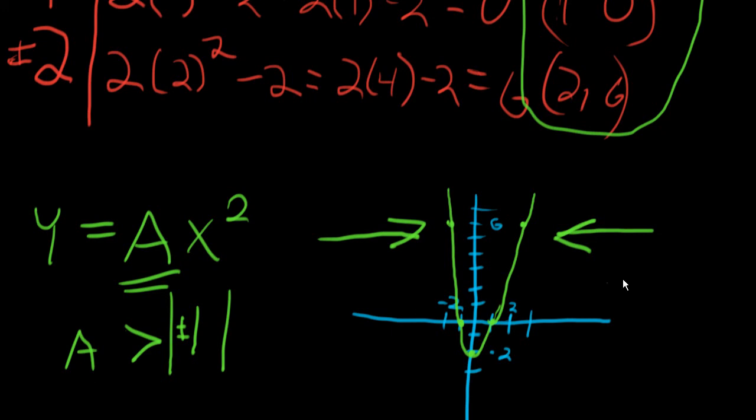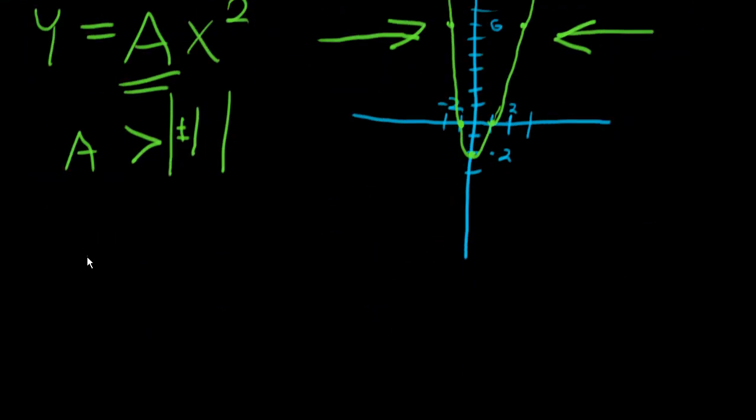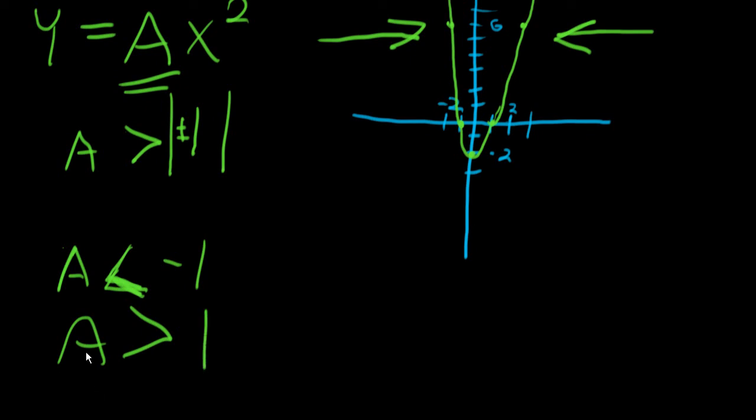Because I don't know if that's a good way to say it. Let me put it this way. If a was less than -1, or a is greater than 1, in either of those cases, it's going to cause this to get narrower.